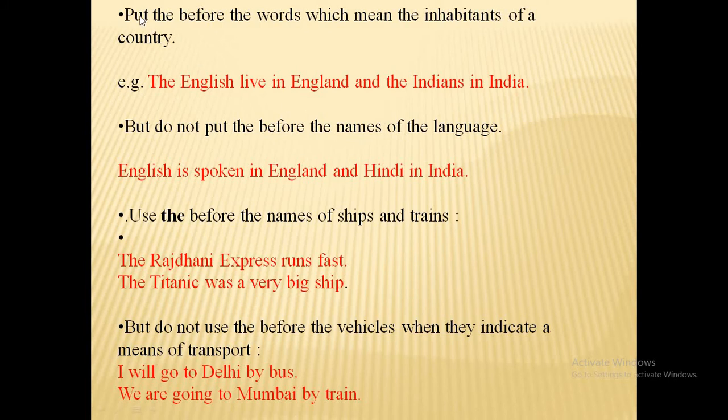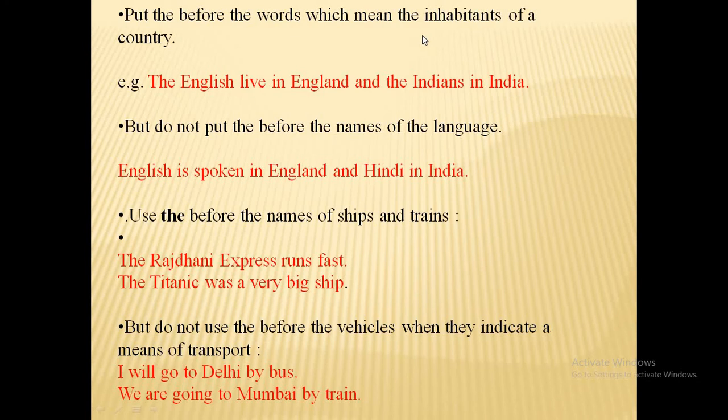Now one more slide for something peculiar about the usage of the definite article. Put the before the words which mean the inhabitants of a country. When we talk about somebody, we use the definite article in order to highlight that that particular person is an inhabitant.